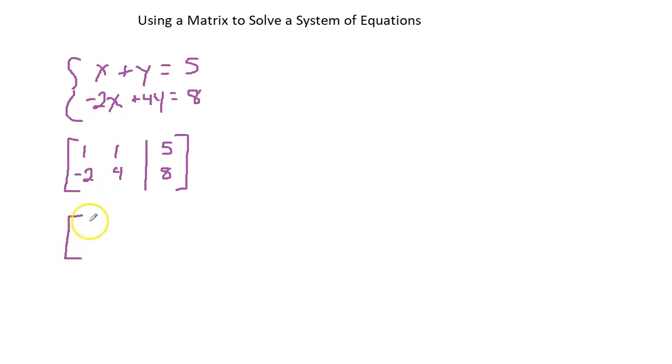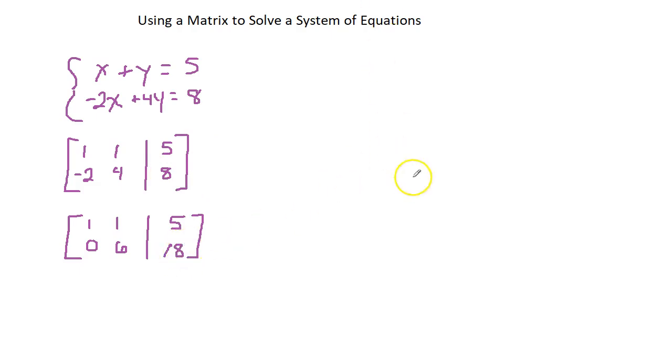So I'm going to keep my first row, 1, 1, 5. 1 times 2 gives me 2. Add it to negative 2, I get 0. 1 times 2 is 2. Add it to 4, and I get 6. 5 times 2 is 10. 10 plus 8 is 18.